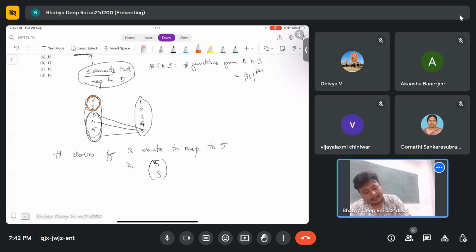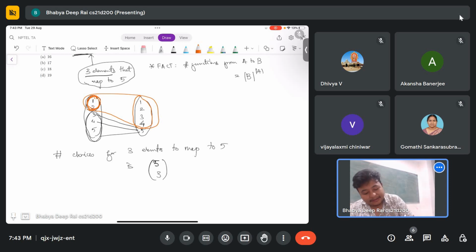I can map this like this, or maybe I can map 1 to 4 and 2 also to 4, and so on. Look carefully: the number of ways to choose the remaining mapping is as good as counting how many functions there are from this set 1, 2 to this set 1, 2, 3, 4.